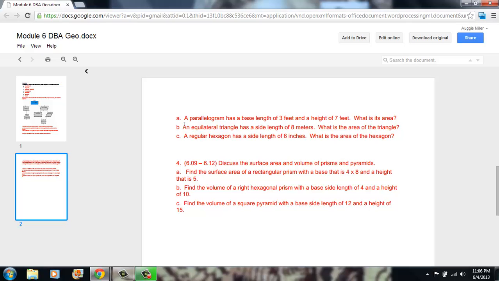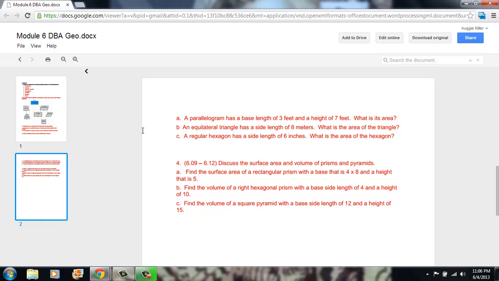So to do this, I like to cut it in half down the middle, making two right triangles. So I would have a right triangle with a hypotenuse of 8 meters and a base of 4 meters. So use the Pythagorean theorem to find the other side.